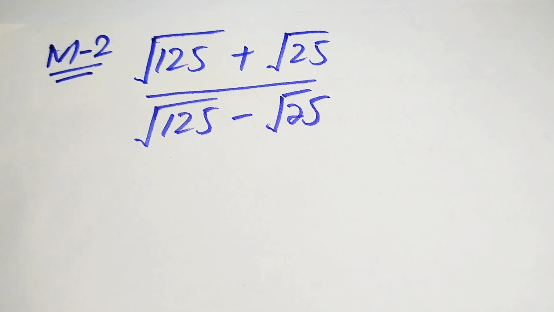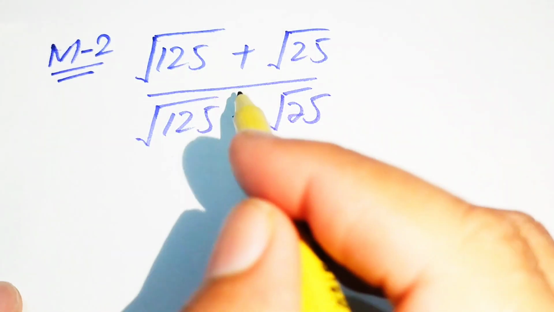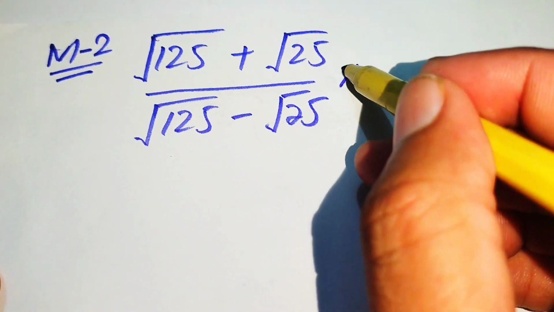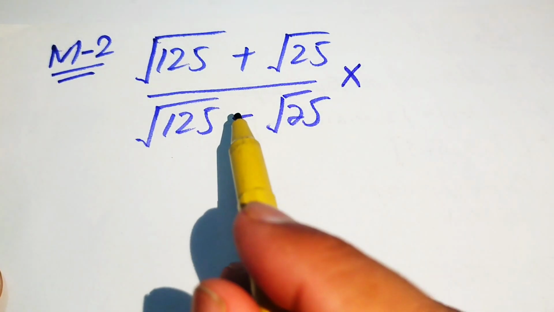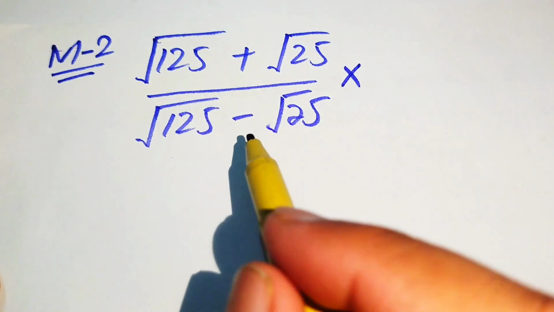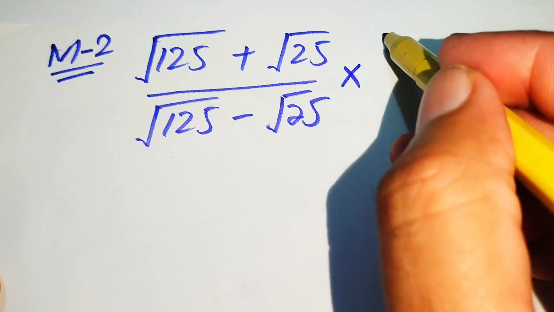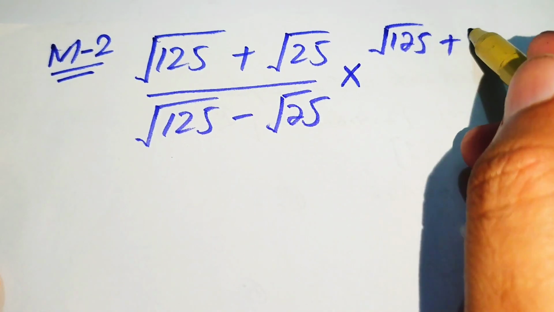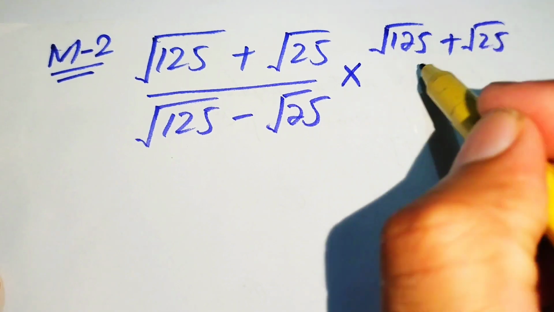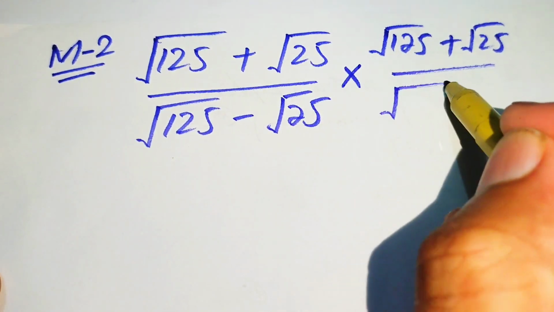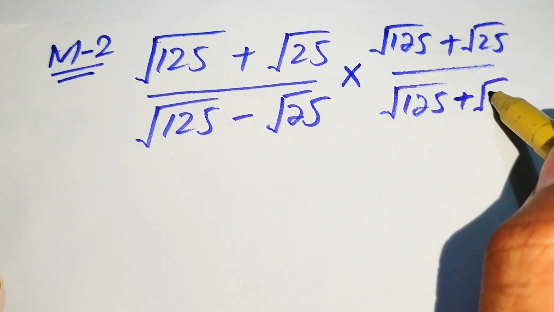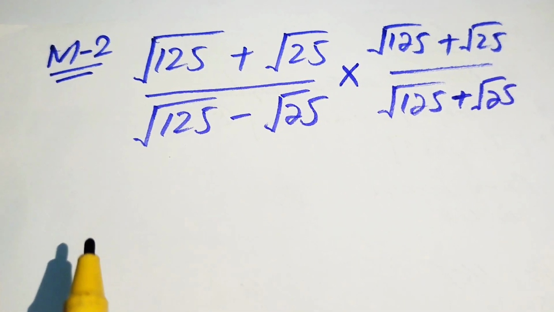In this approach, we just rationalize directly. It means that we rationalize this term by its denominator. We change the sign of the denominator and multiply. So we get (√125 + √25) divided by (√125 + √25).